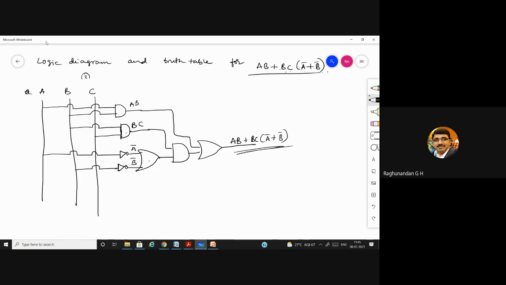The rest of the gates can have any number of inputs, but minimum 2 inputs should be there for all the gates except the NOT gate. NOT gate will have only one input.